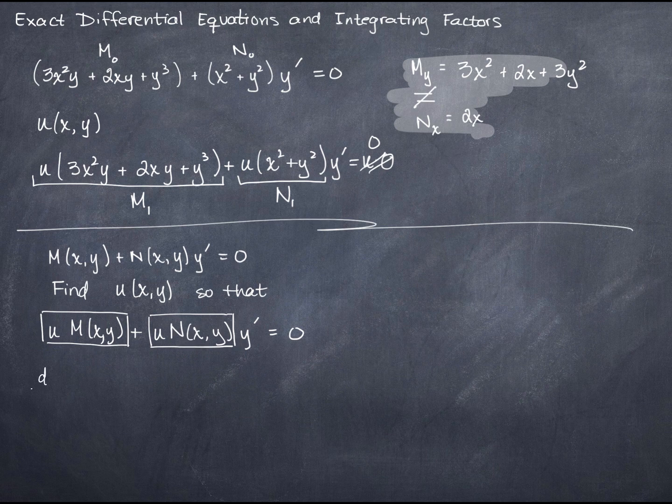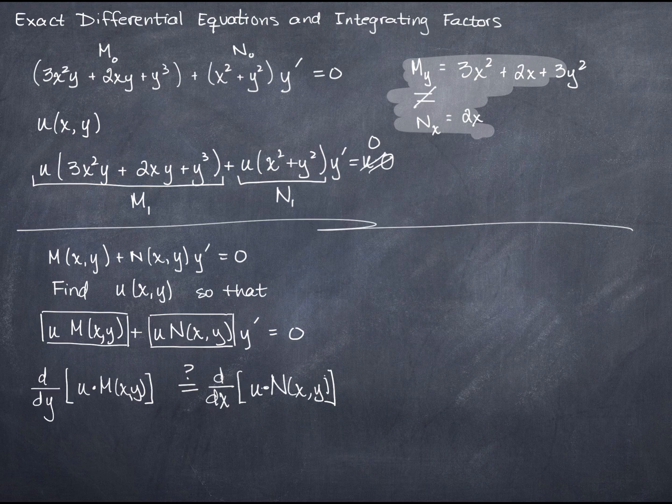I need to take the derivative with respect to y of u times M of x and y and check to see whether it is equal to the derivative with respect to x of u times N of x and y. But these are products. We need to use the product rule.